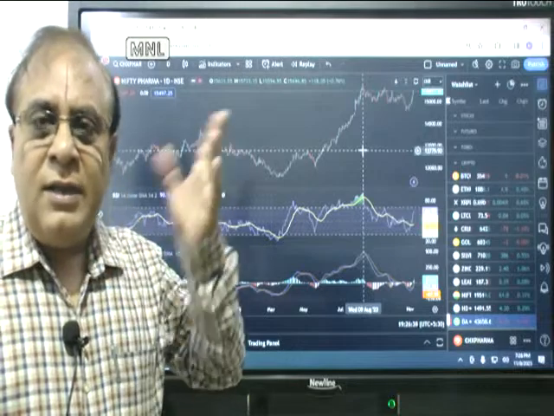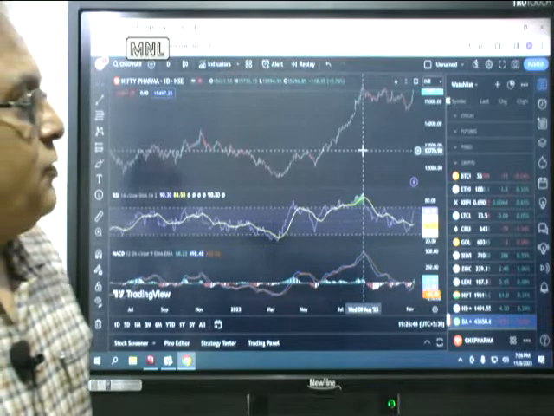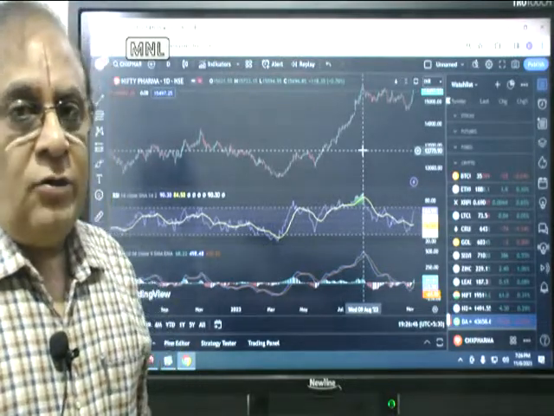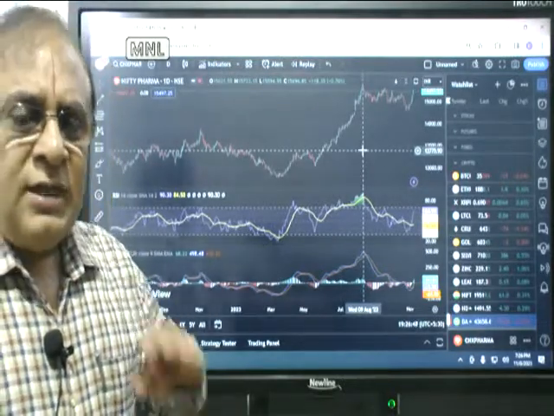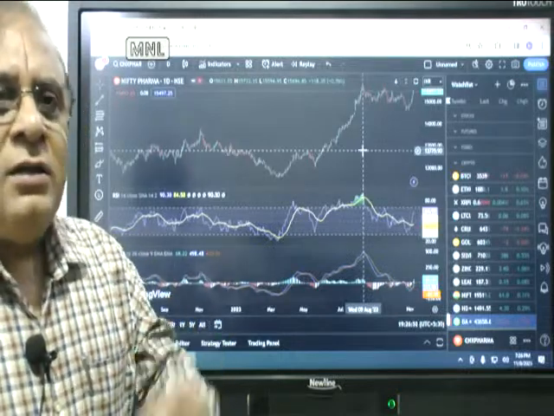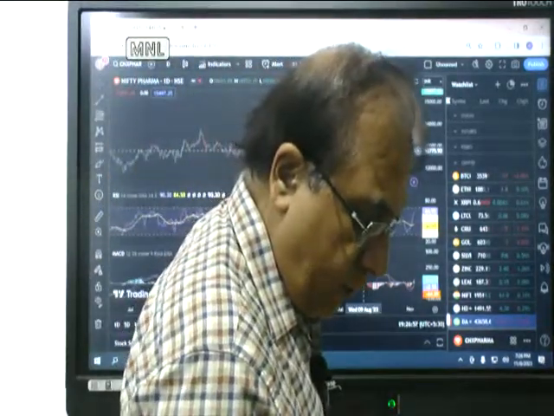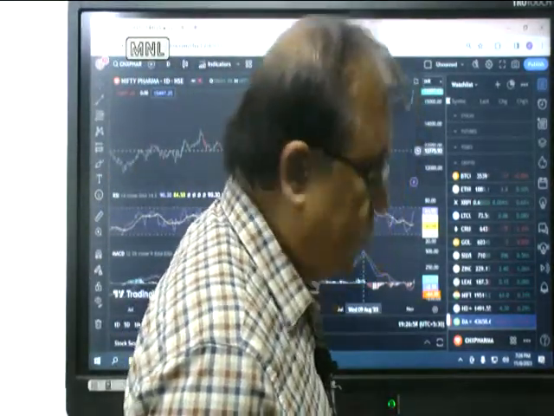Only an extended rally is possible, but I think we have to be very careful when it starts moving above 15,990 to 16,000. Good chance that it will be topping out slightly at around 16,000, or if it goes a little higher, 3,570 into 0.618, 2,200.